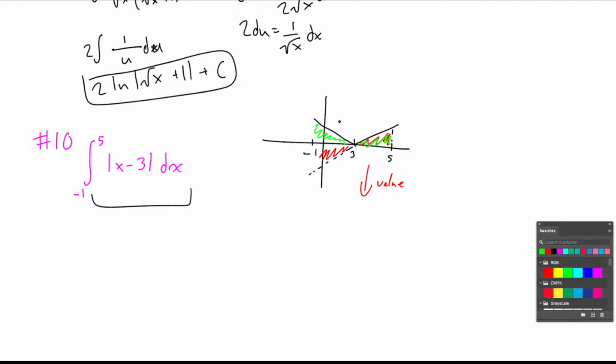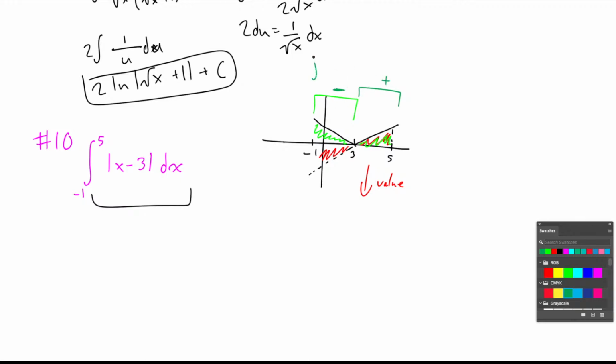How do we do that? Well, for this section, we want to make it negative of the actual equation so that we get a positive value. And for this, we keep it positive. So we have to split the integral.